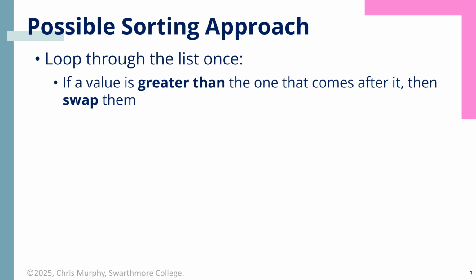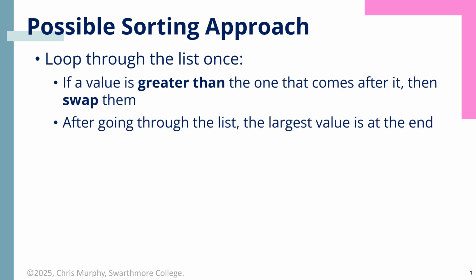The idea being that I want the larger values to be on the right, or the end. So what I'll do is go through the list, and if a value is greater than the one that comes after it, I'll swap them and change their positions.